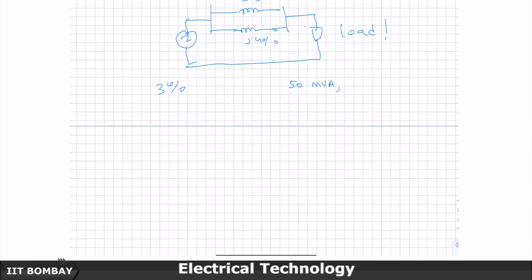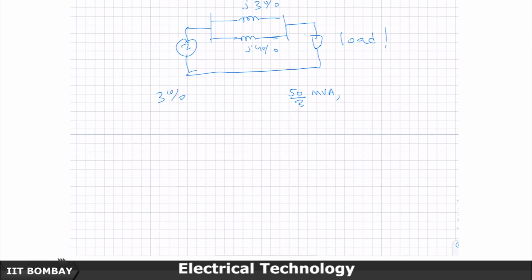So the single phase will be 50 by 3 MVA, and 11 by root 3 is to 66 by root 3 kV transformer. Whenever we say something as a percentage, it has to be a percentage of something.